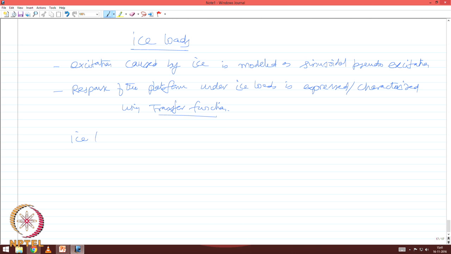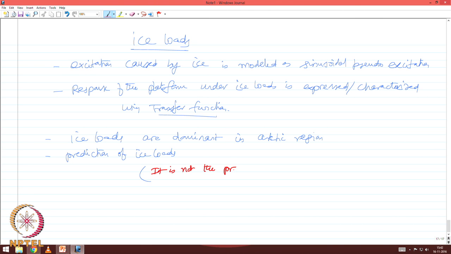We all agree that ice loads are dominant in Arctic region. Now, we can proudly say with a clear understanding that prediction of ice loads, please understand, it is not the prediction of effect of ice loads.